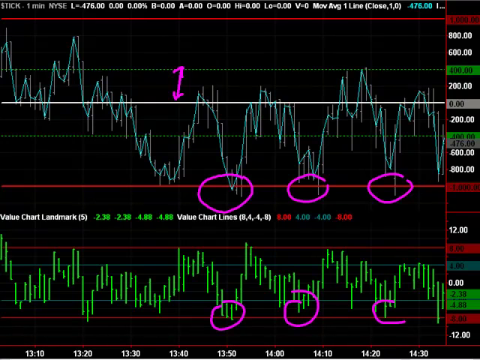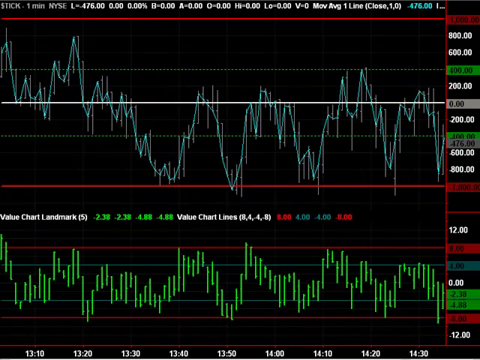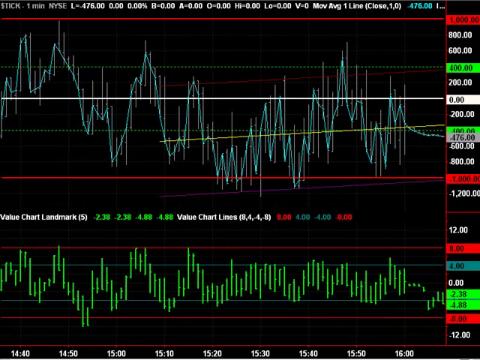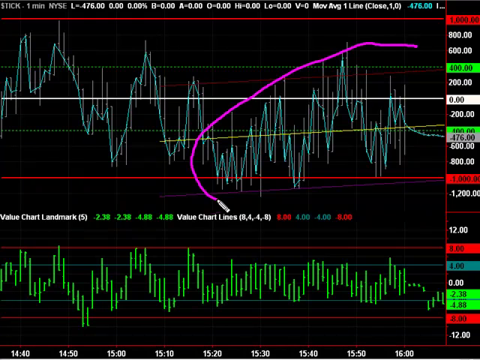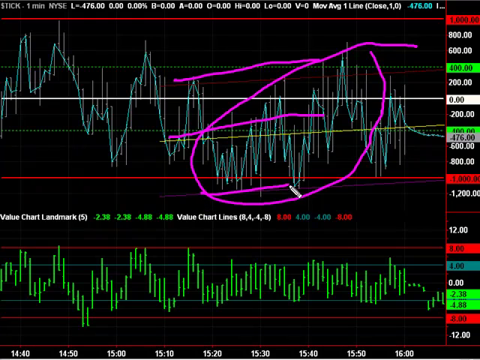Now lastly, I want to talk about how I also use on the ticks what is known as a linear regression channel. This is this thing here that you can see that gives you an indication of the trend of the ticks.